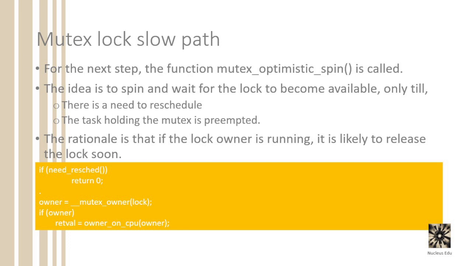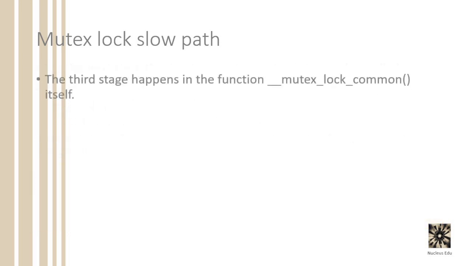So let's suppose we failed here also. Let's suppose the task trying to acquire the mutex failed here because maybe it was scheduled out by the scheduler. Right, so now it's going to move to the third stage, and that stage happens in the same mutex lock common function that we have discussed earlier.